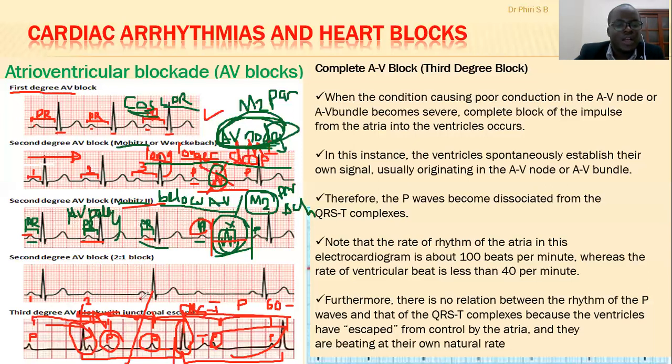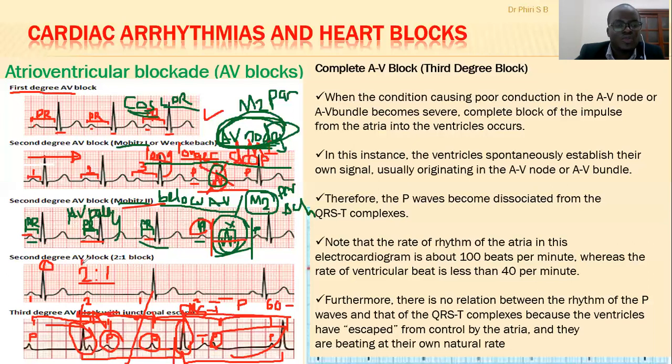Then another 1 and 2 P waves, then again a missing QRS complex. So in this case, you have 2 P waves with only 1 QRS complex. So it's also called second degree AV block 2 to 1.